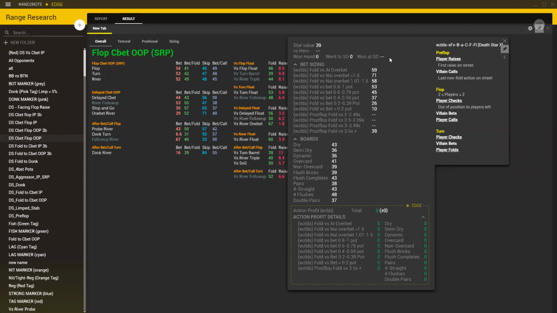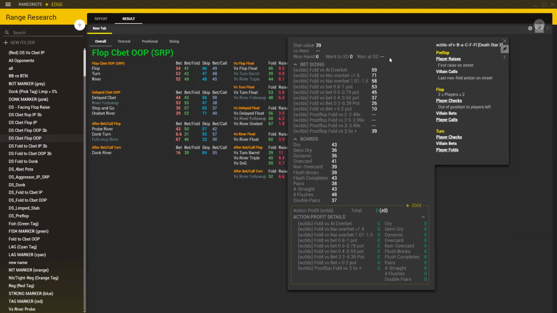It's good to keep in mind that there's usually some card removal effects here. So remember, those folding frequencies are derived from the average folding frequency, regardless of the hand we have. So of course, sometimes, and when I say we, I mean hero playing against the population, hero is going to have the stone cold nuts.